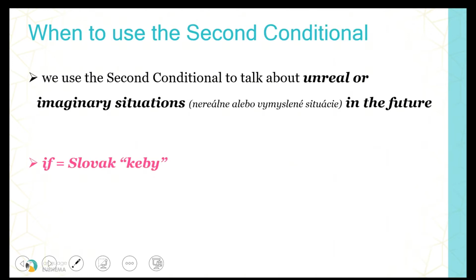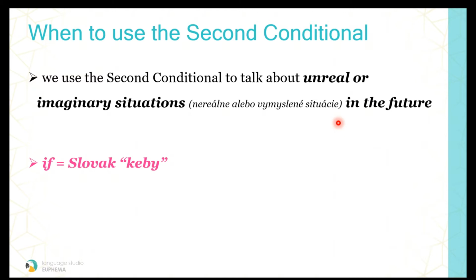Okay, now let's get more specific and focus on the second conditional. When do we use it? We use the second conditional to talk about unreal or imaginary situations in the future. I don't know if you've watched my previous video about the first conditional, but there I explained that with the first conditional, we are talking about realistic future situations.